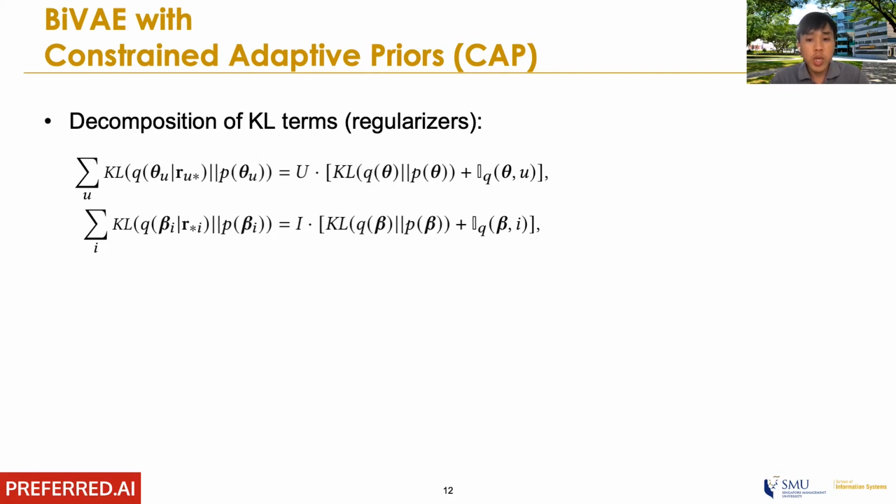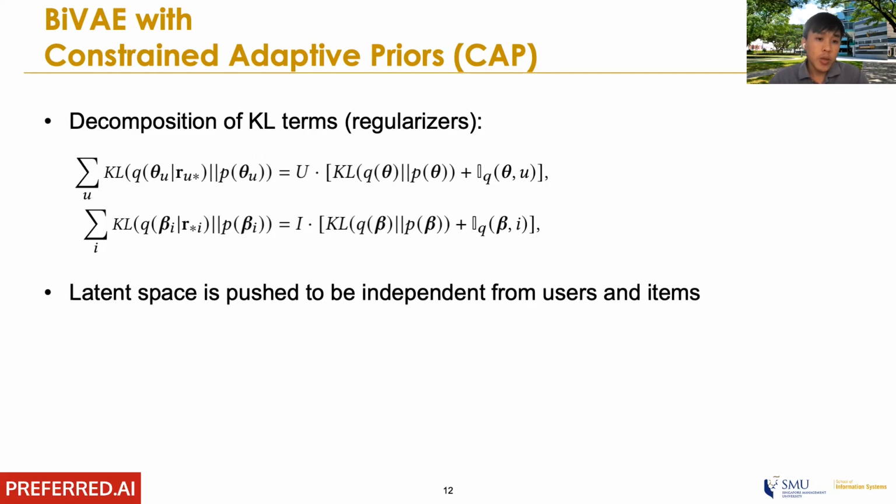So we propose constrained adaptive prior, or CAP for short, that learns an adaptive transformation from pre-computed hyperparameters of users and items to mitigate the posterior collapse. The hyperparameters of users and items can be pre-computed from their auxiliary information, side information. Otherwise, the latent space is pushed to be independent from users and items.